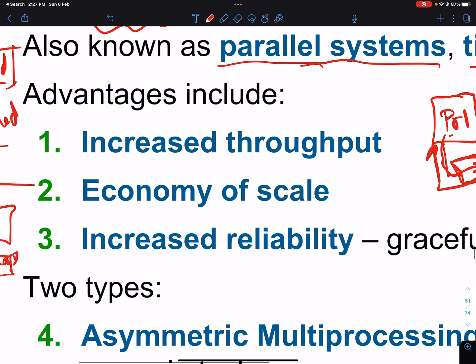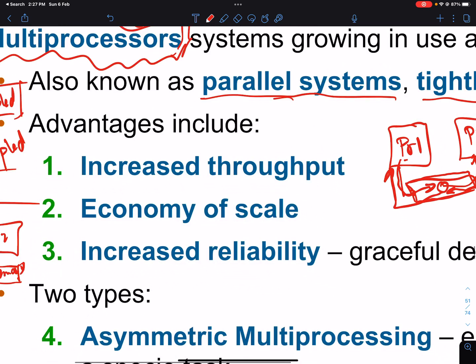Now, the advantages of multiprocessing is increased throughput. Very important word that we will use throughout this course. What is the throughput? Throughput is how many processes you finish per time unit. Let's assume that you are reading a book. The time unit I'm going to choose is an hour.